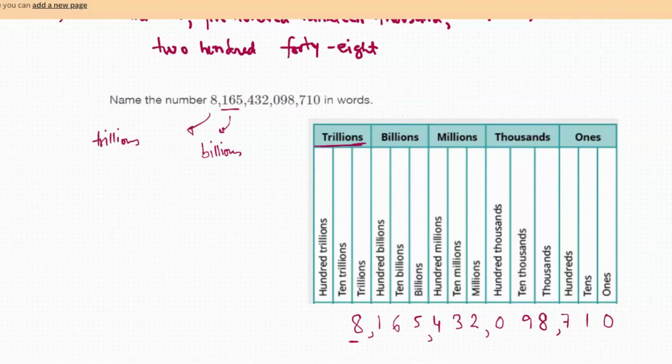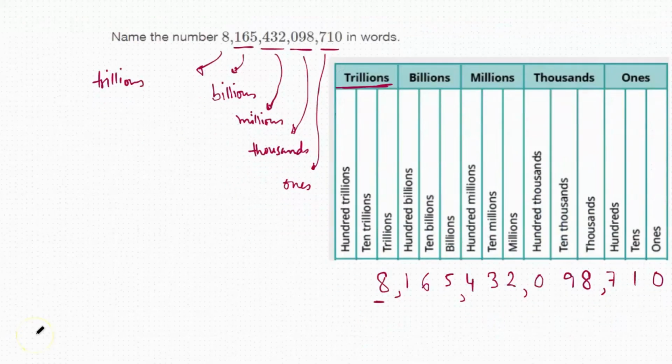And then we have 432, which is in the millions. This 98, it's in the thousands. And this 710 is in the ones. Now we just wrote down our period. We'll name this number in words.